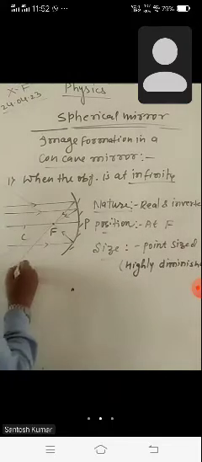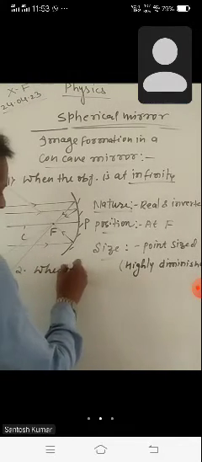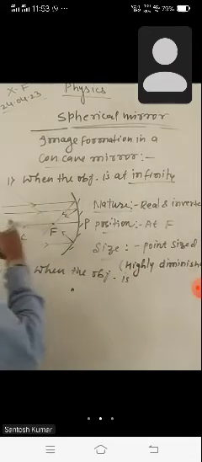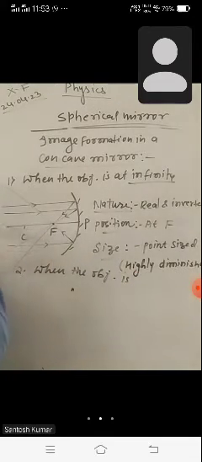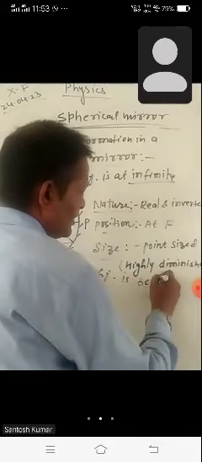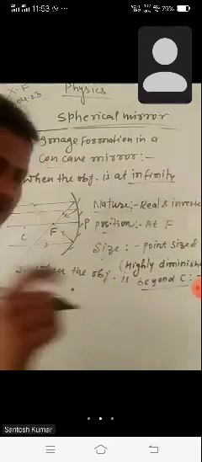Now similarly, the second case, when the object is after infinity, I am just moving towards the middle. So after infinity it will be beyond C, meaning beyond the center of curvature.